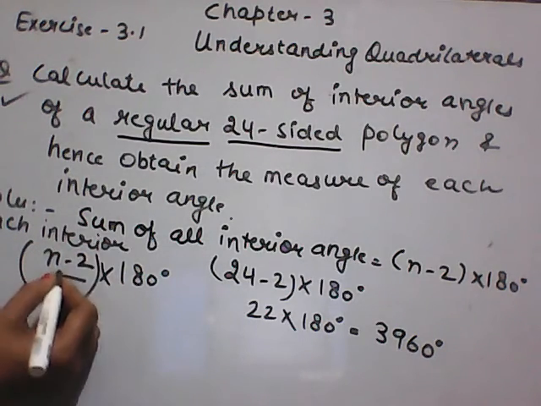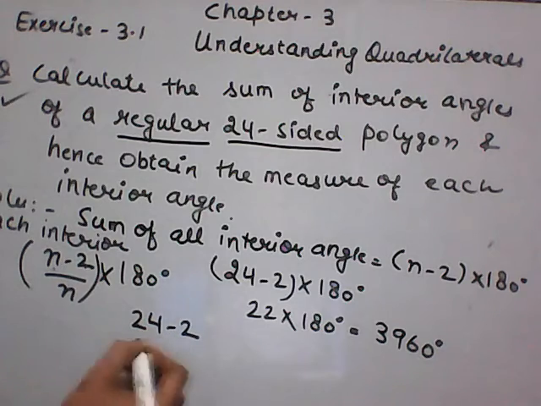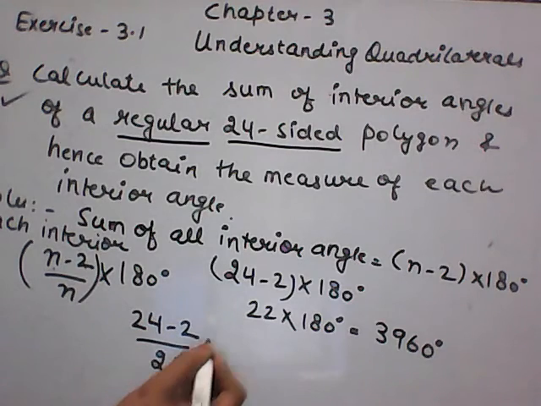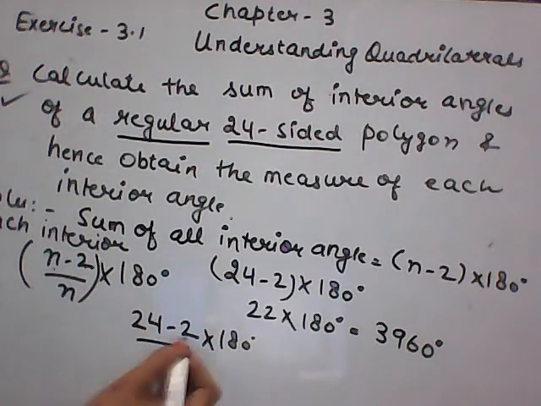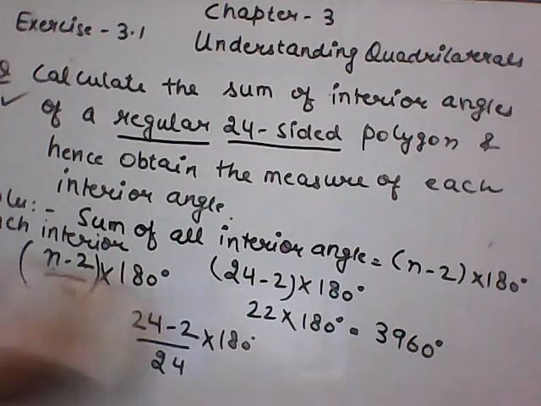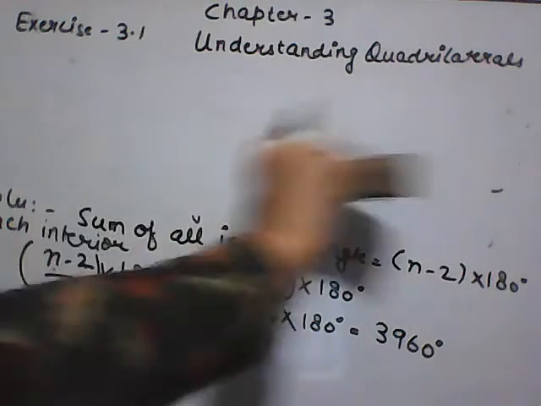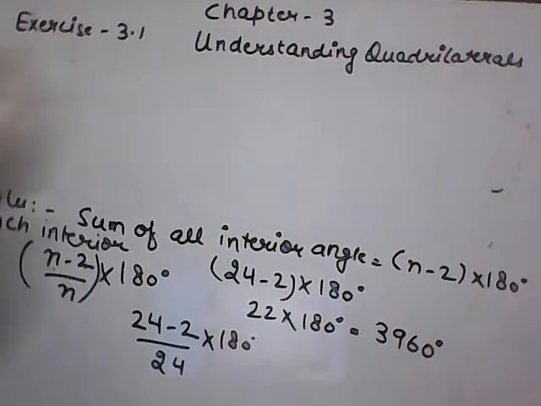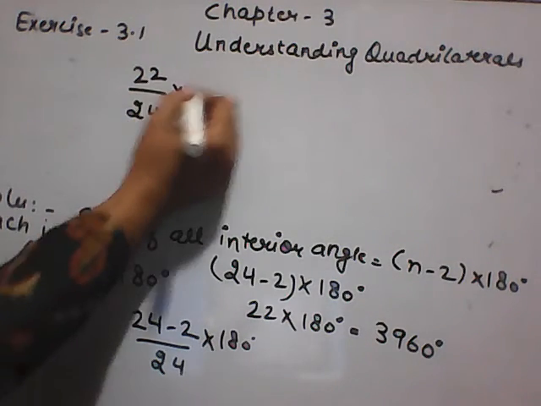Here n is 24, so 24 minus 2 divided by 24 multiplied by 180 degrees. Here 24 minus 2 is 22, divided by 24 multiplied by 180 degrees.